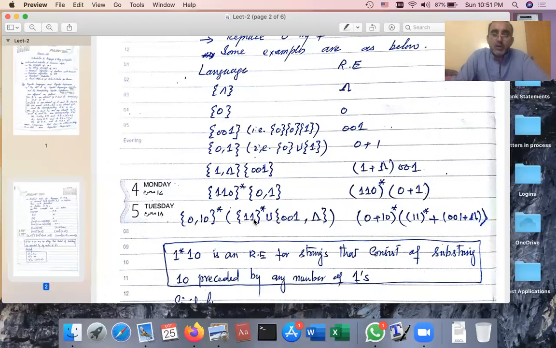So put parentheses and star like this one, and this is the union which I can replace with plus, and then this is {001, null}. Comma is again union, so I can replace it with plus also. So 001 plus null, and then you can put parentheses. So this is the representation. This is the regular expression.